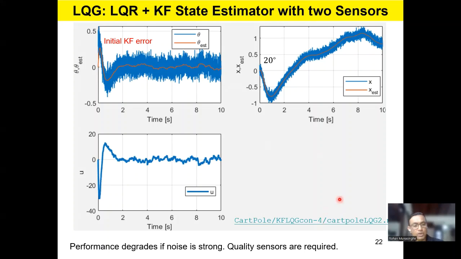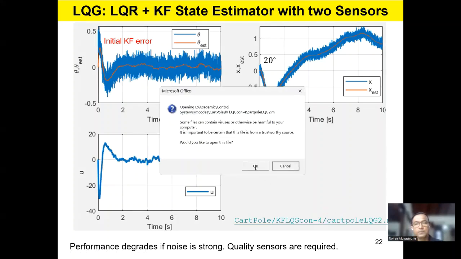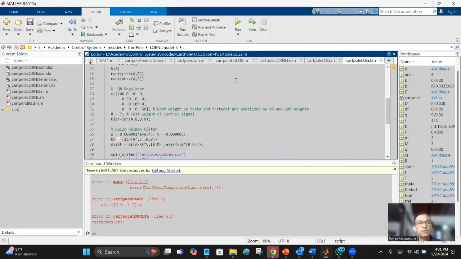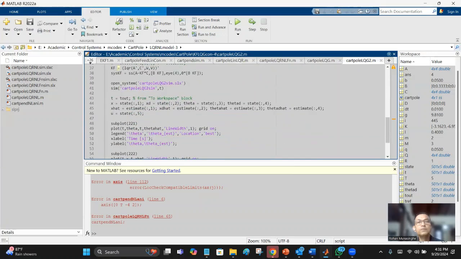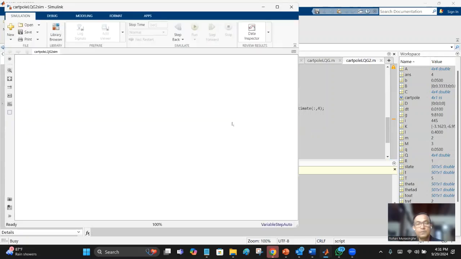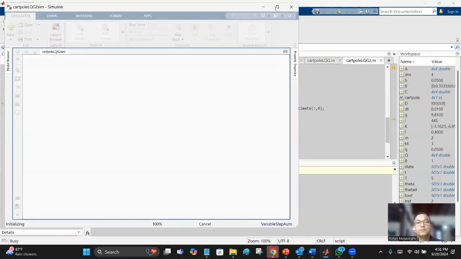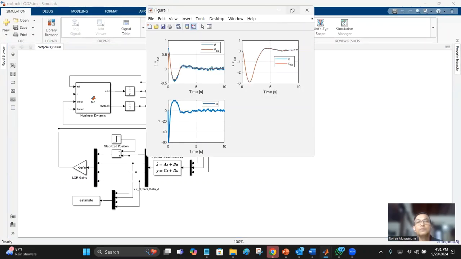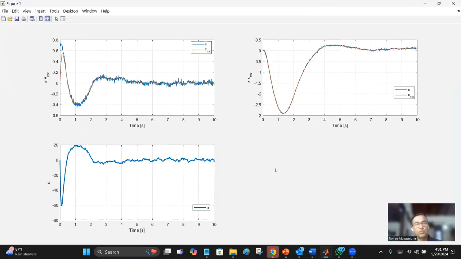So I can show you this simulation. For various noise values, you get different results, and this is for a particular one.